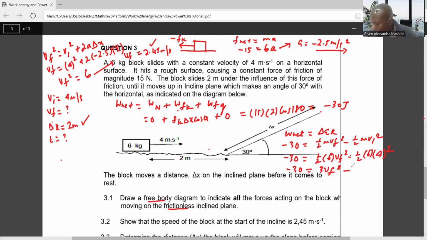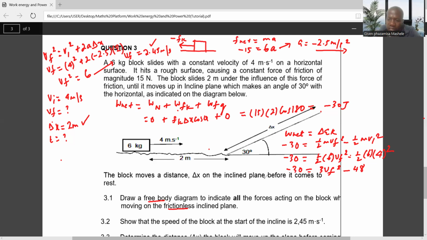So this would be 0.5 times 6 times 4 squared, 16, so this would give us 48. Let's transpose 48 to the right-hand side.